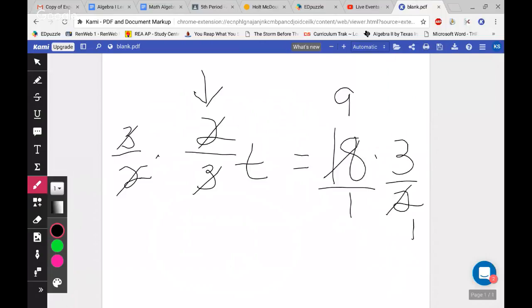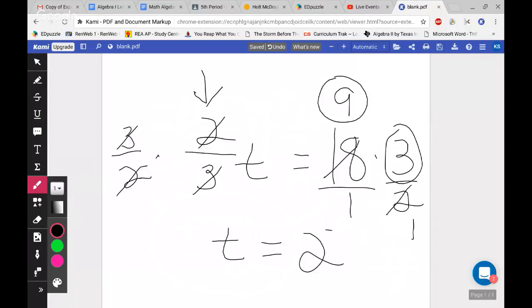That clears it on this side to isolate our variable t. And over here, we have 1's now in the denominator since we simplified before we multiplied. And we have a 9 times 3, which gives us a 27.